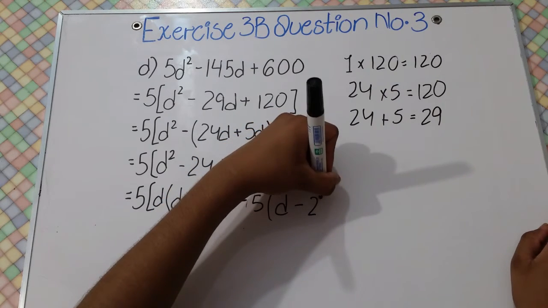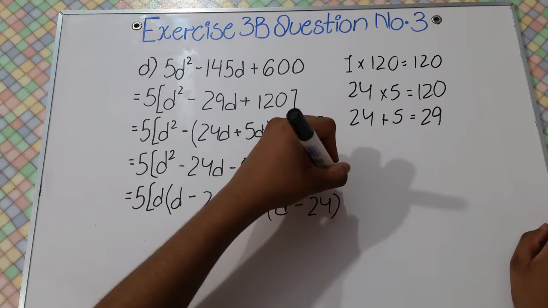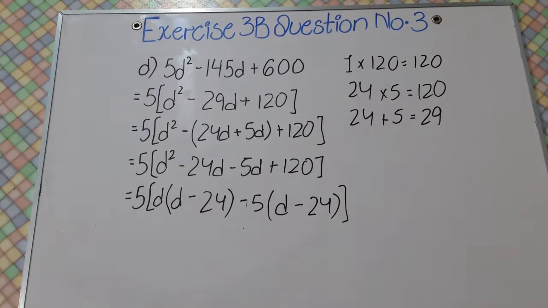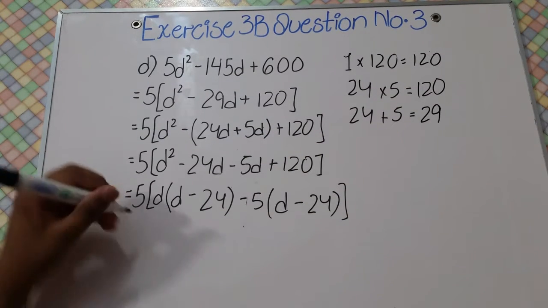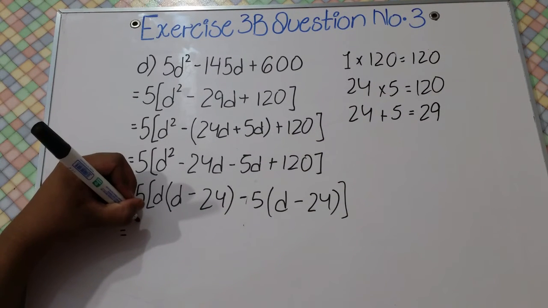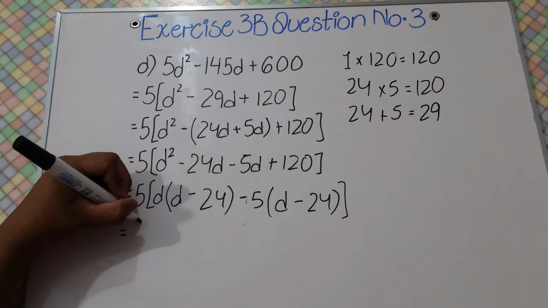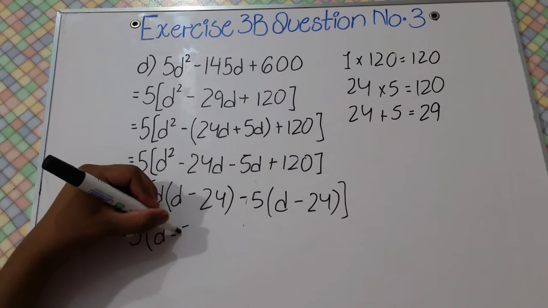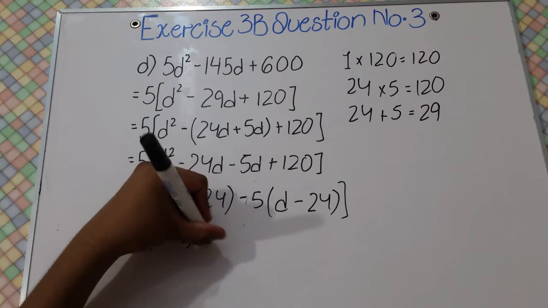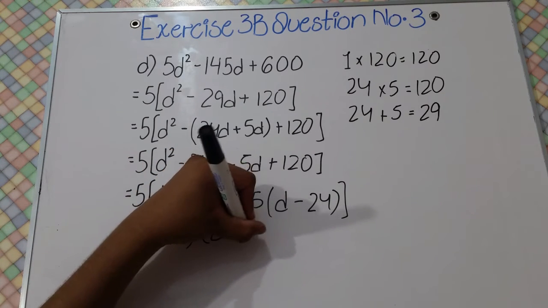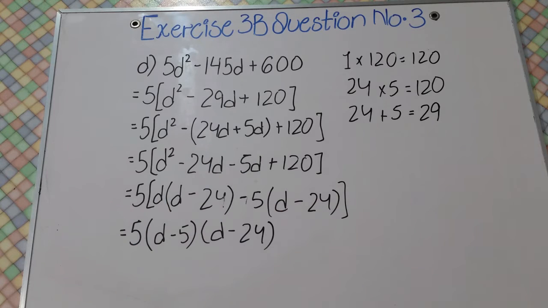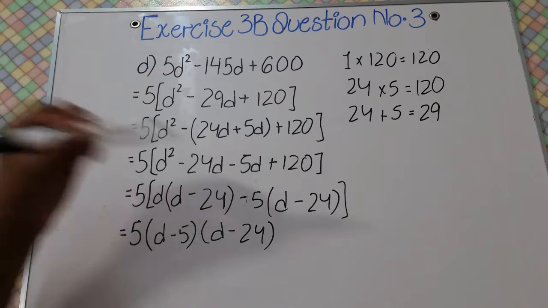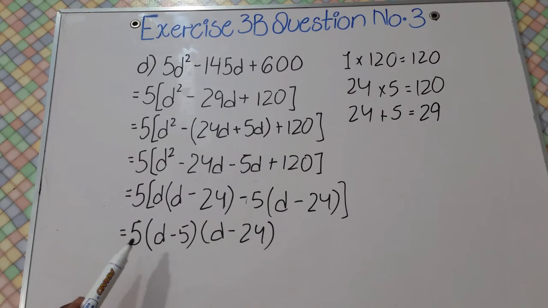So 24. So now these two brackets are the same, which means we are doing it correctly. So it would be, I think yes, okay. So 5 and then d minus 5 one time and d minus 24 one time. Okay, and this 5 would be outside as the common.